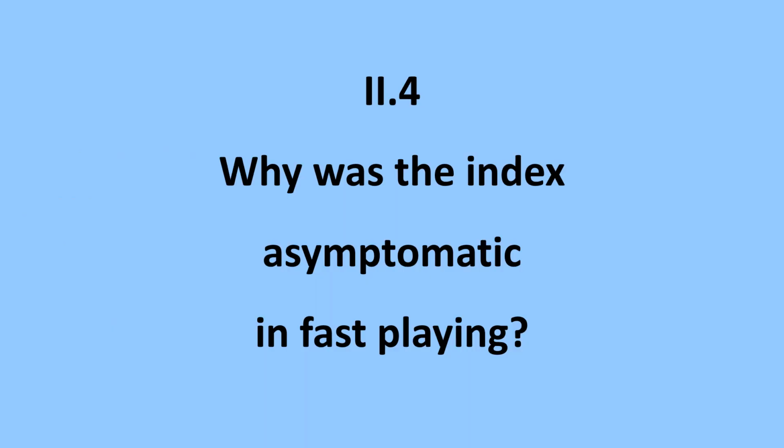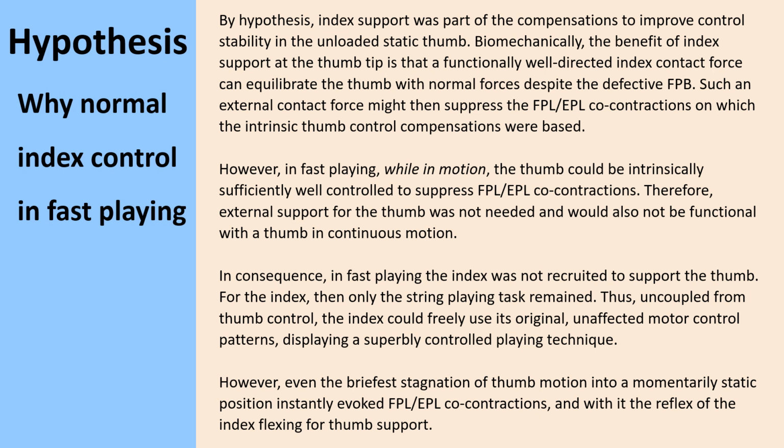This brings us to the last of the biomechanical questions. Why was the index asymptomatic in fast playing? By hypothesis, index support was part of the compensations to improve control stability in the unloaded static thumb.